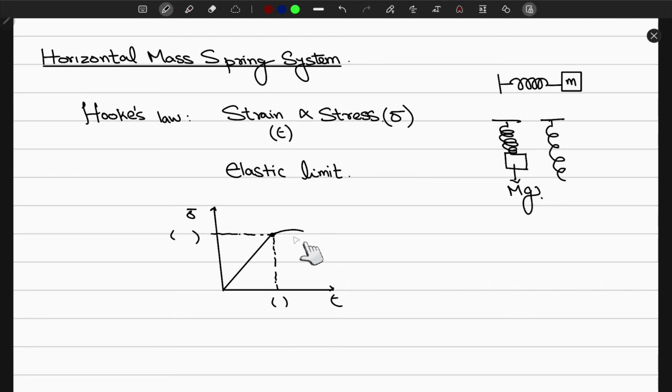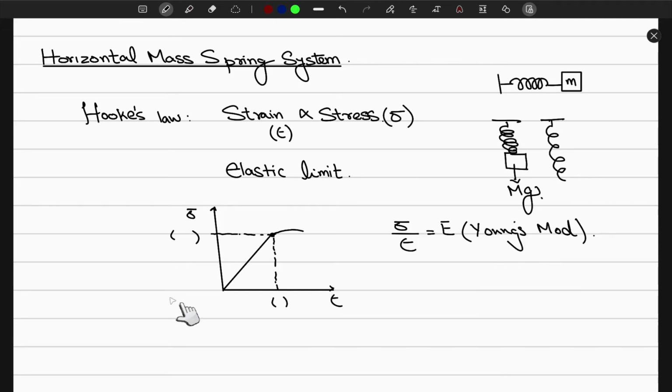Now you can find the gradient of this graph, which basically is stress over strain, and it is defined as the Young's modulus, with E. So it's Young's modulus. Now this Young's modulus gives you information about a lot of things. It gives you information about the nature of the spring and a lot of other things. So that's your Young's modulus.